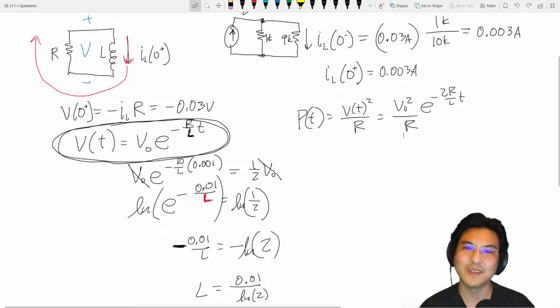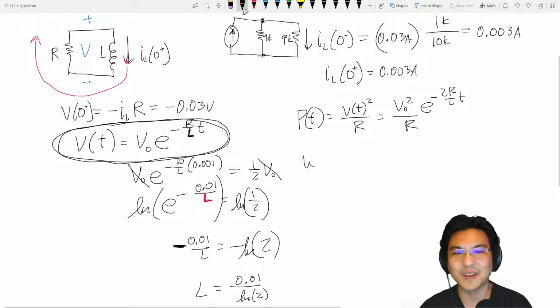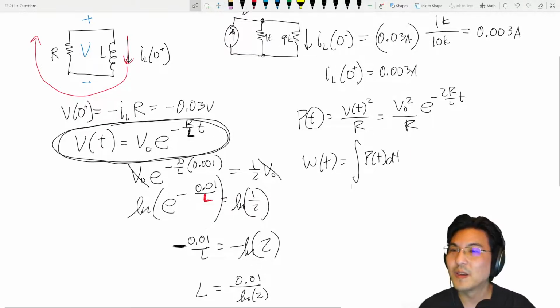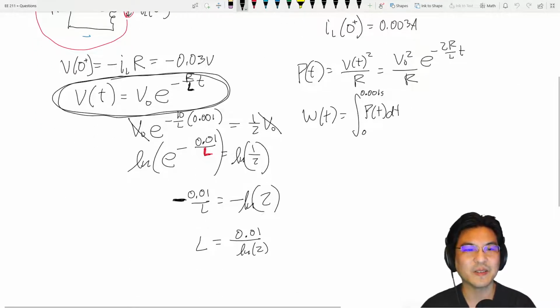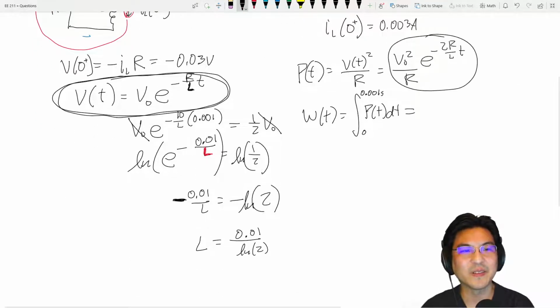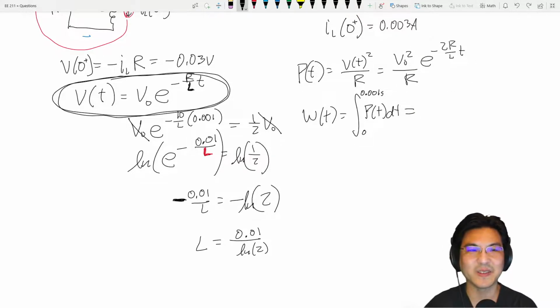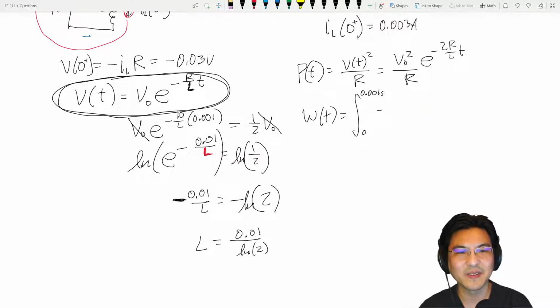What is the energy? You just integrate over time. Energy is the integral of power dt, from 0 to 1 millisecond. So just integrate that: V naught squared over R e to the minus 2R over L t dt.